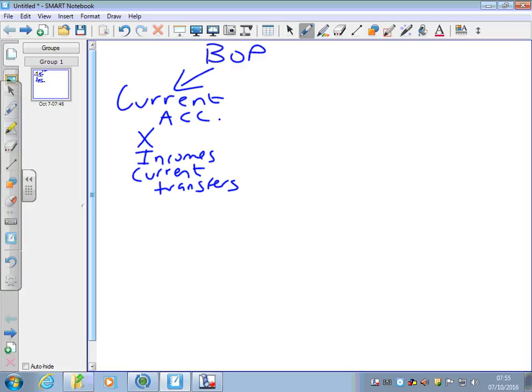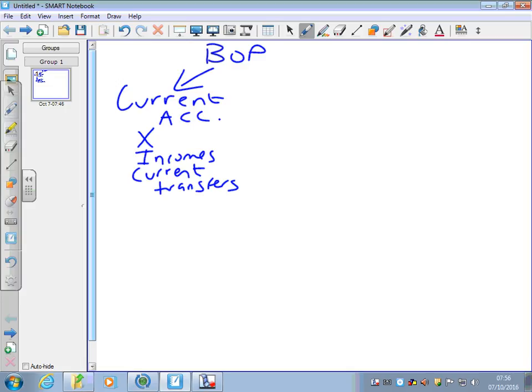Okay, so the UK economy will export lots of goods, they will export lots of services, they will generate incomes from investments they have abroad, and we will receive some money in current transfers from things like the European Union. What you would then do is minus what leaves the economy.